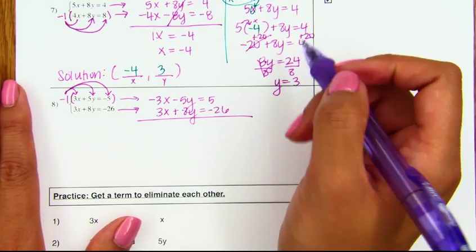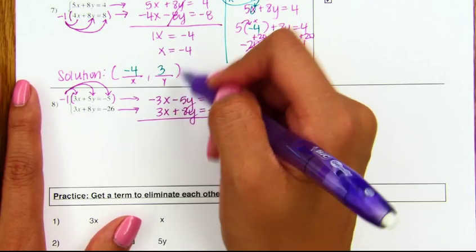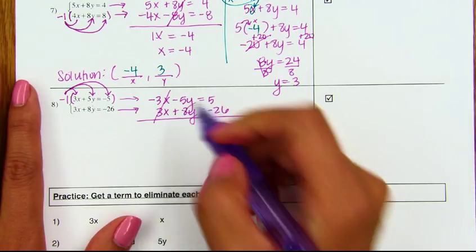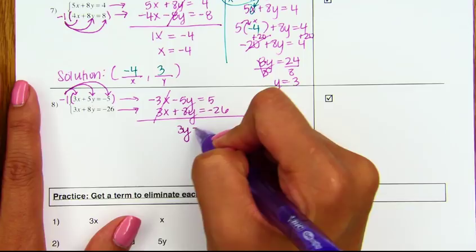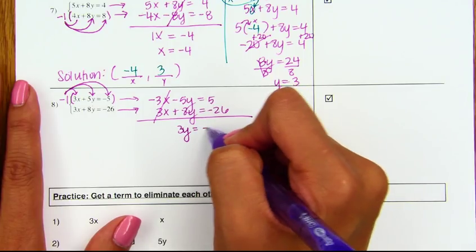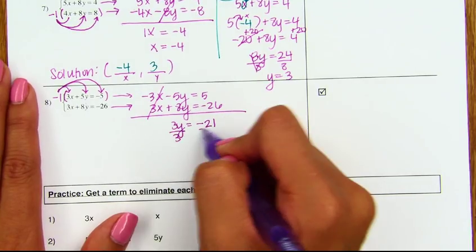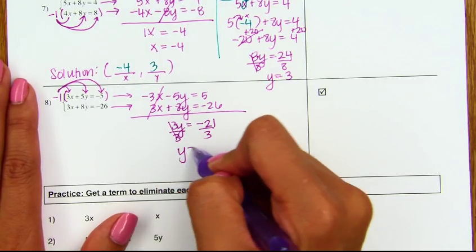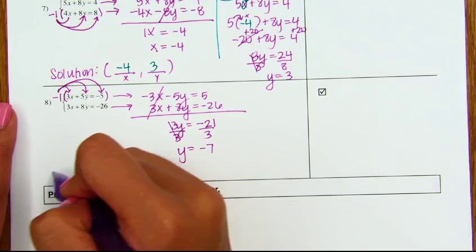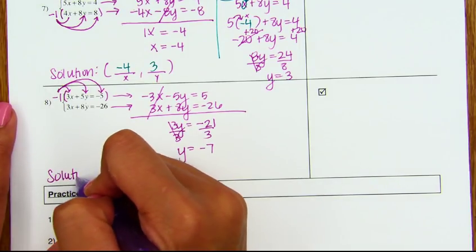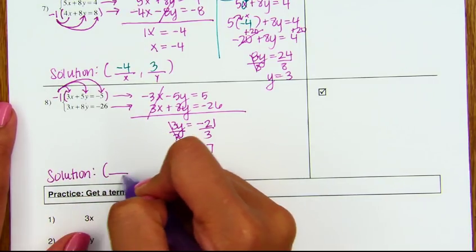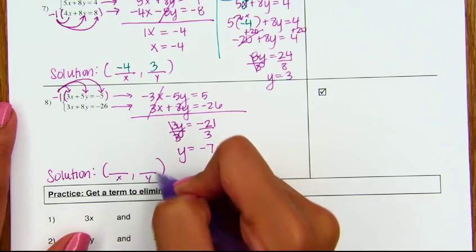At this stage, you can see that I can confidently say the x's are eliminated, which just leaves me with 3y equals -21. Let's divide both sides by 3. Y equals -7.